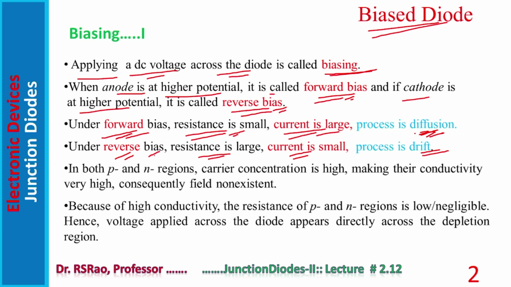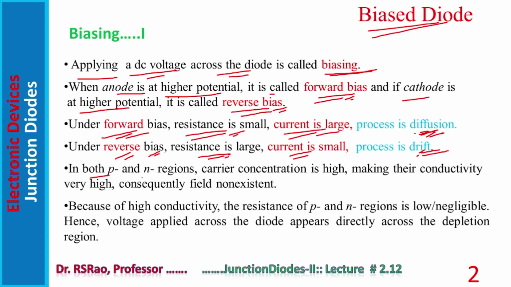When bias is reversed, the diode exhibits a huge amount of resistance. Naturally, current that flows through the diode becomes small. The phenomenon associated with this current is drift.